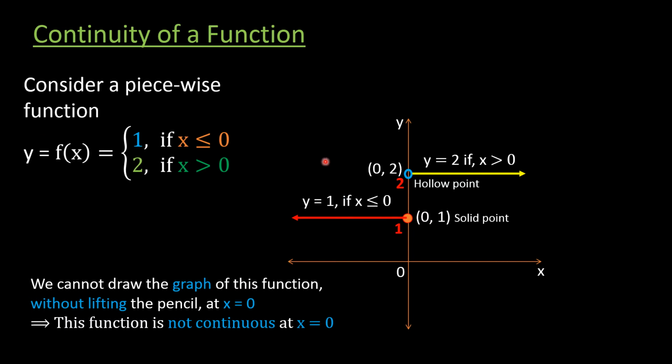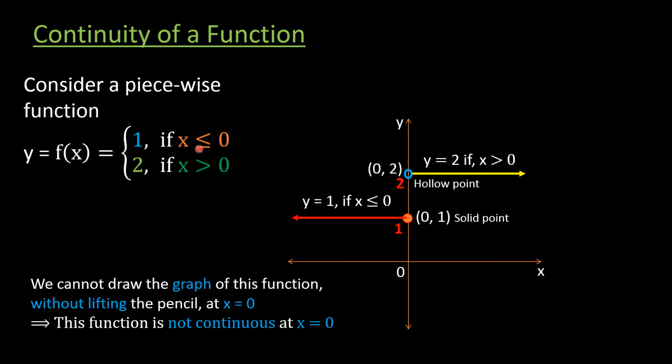But every time checking the continuity by drawing the graph may not be possible, so we have to find some analytical ways to check continuity of a function. In this function, the values of x are changing around 0. So we will find the limit of this function as x approaches 0.